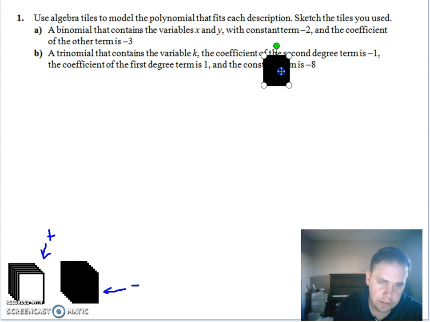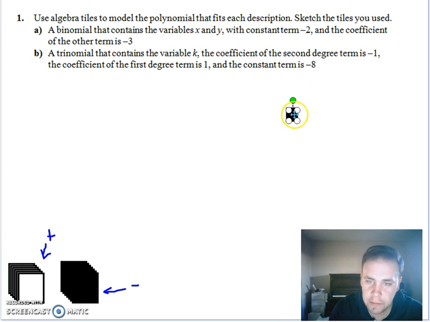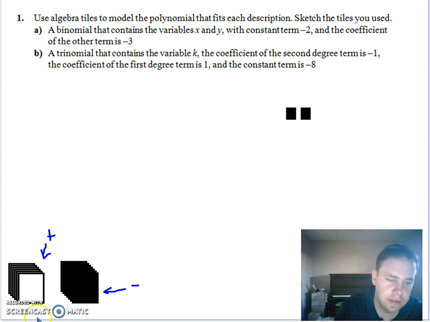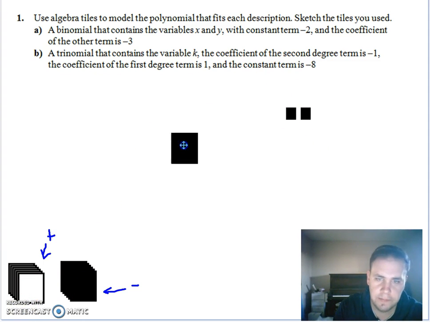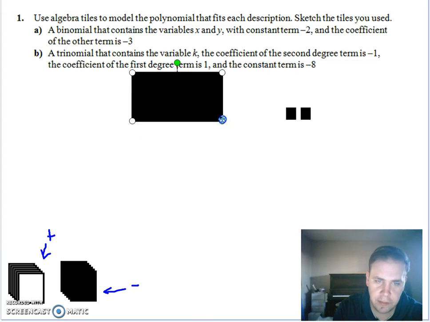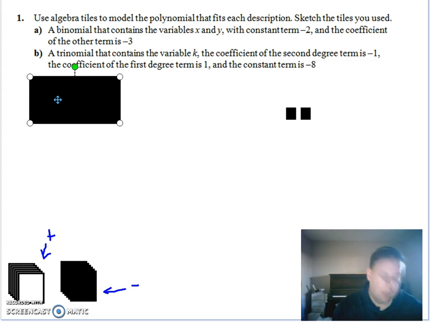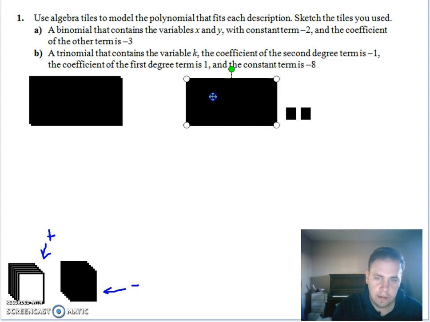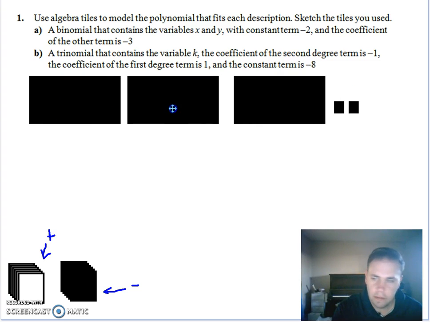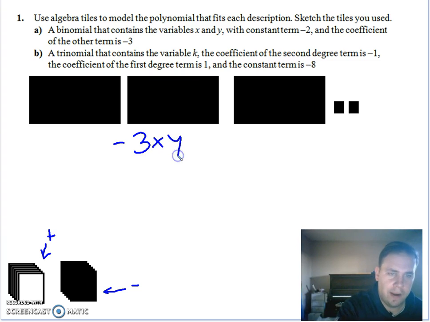So if I were to make -2, so let's say that there would be -2, okay, so I have -2 ones, and then I might be able to make, let's say, take an x squared and maybe put it like a rectangle, let's say, and let's make a couple of them, and I might be able to say this here would be -3, so this would be -3 x, y, and therefore it has both variables x and y, -2. Oops. So -2.